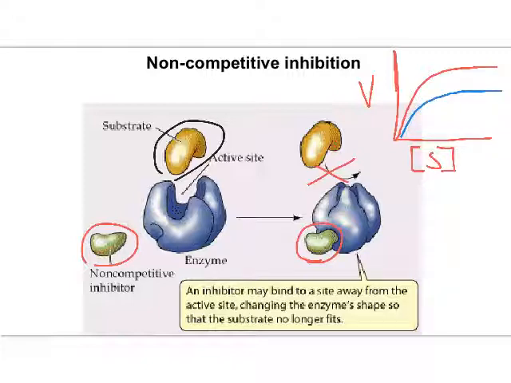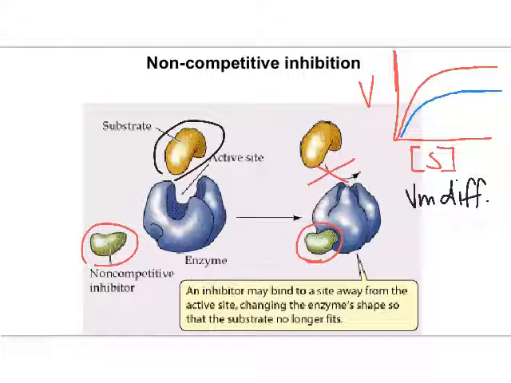So here the Vmax is different between the enzyme with and without inhibitor. So Vmax is different because none of the enzyme can ever be fully bound, because if there's inhibitor there, some of it's going to be in that non-active conformation, and the substrate can't compete with that because it's binding to a different site.